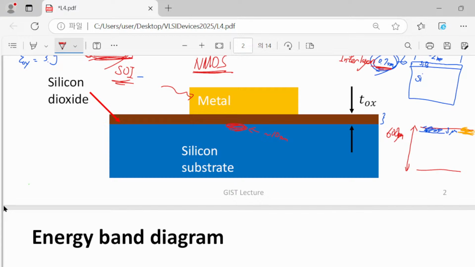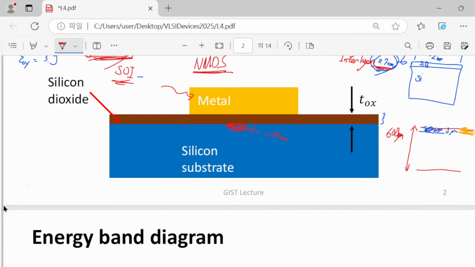Okay, so please, oh yeah, please. Yes, that is also a good question. How can you introduce different work functions in the same chip? That is a critically important question. The way we do it is actually using one type of metal.